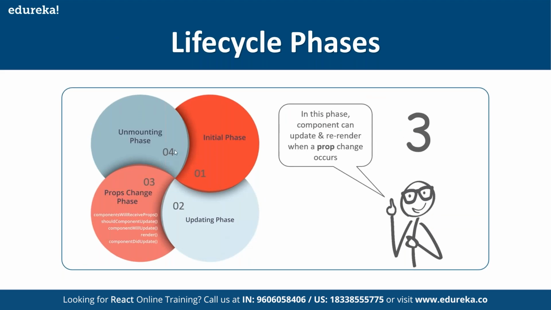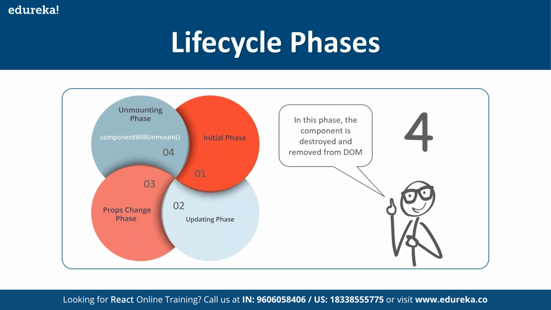Okay, the last one is unmounting phase. After you have done some operation, you want to remove it off or trash it off. Presume, let's say there are some information which is going to be removed off after you log off. Let's say in your banking application. When you log off, your session ID should be removed off.